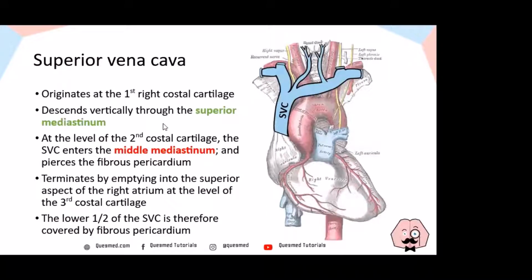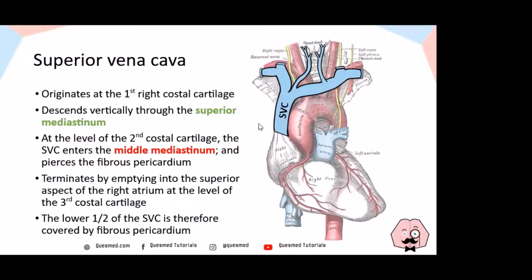Your superior vena cava is formed of your left brachiocephalic vein and your right brachiocephalic vein. So their confluence marks the start of your superior vena cava. And it descends basically vertically through your superior mediastinum. Once it meets the transthoracic or thoracic plane, it magically then enters the middle mediastinum, although, as I said, there's no actual division there.